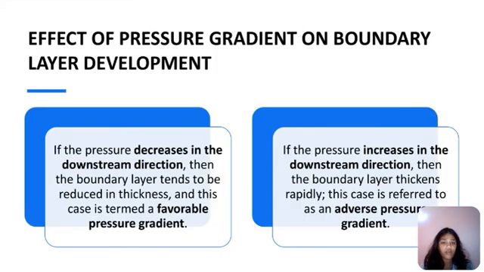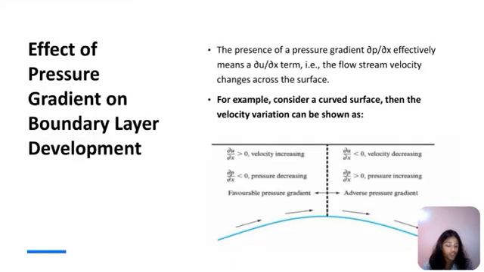the effect of pressure gradient on boundary layer development. What is the effect? See, if the pressure decreases in the downstream direction, then the boundary layer tends to reduce in thickness, called the favorable pressure gradient. And if the pressure increases in the downstream direction, then the boundary layer thickens rapidly, and this case is termed an adverse pressure gradient, as shown here.